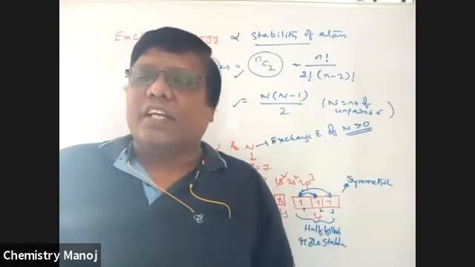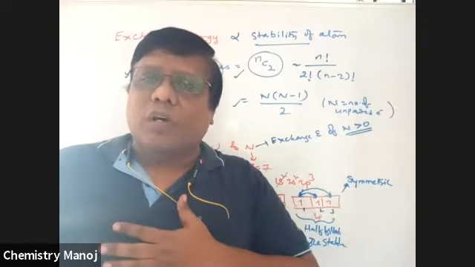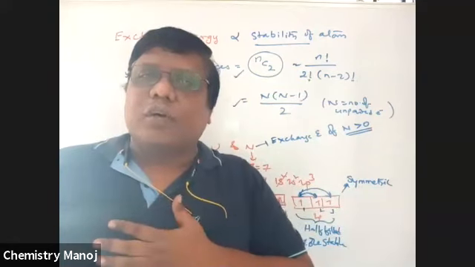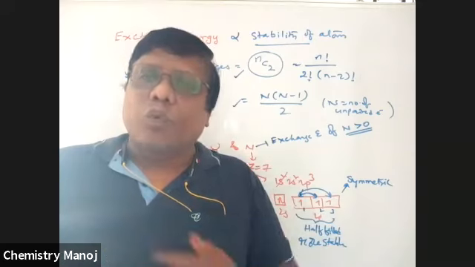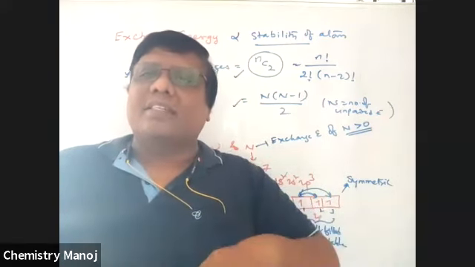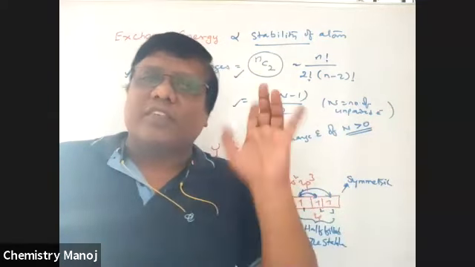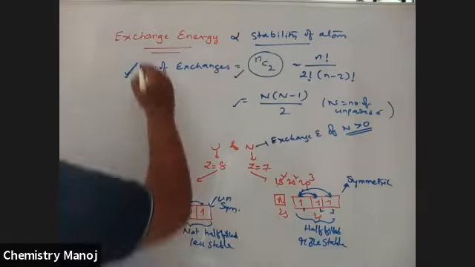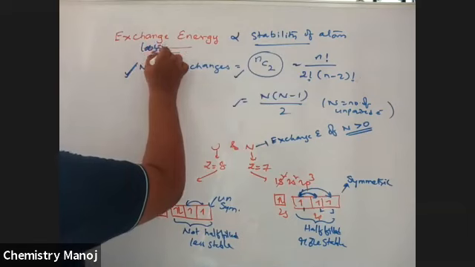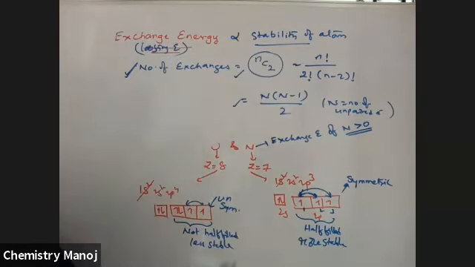More inner energy is unstable, less inner energy is stable. More energy lost, less inner energy, that's why more stability. So it is very, very important. Exchange energy is directly proportional to the lost energy and the stability.